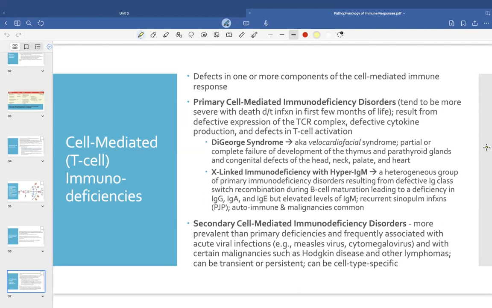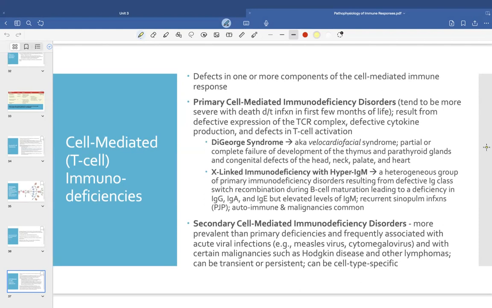And so this is all your cell-mediated response. And with that, they tend to be pretty severe because that is a major defense otherwise with viruses and some of your more severe infections like mycobacteria, etc.